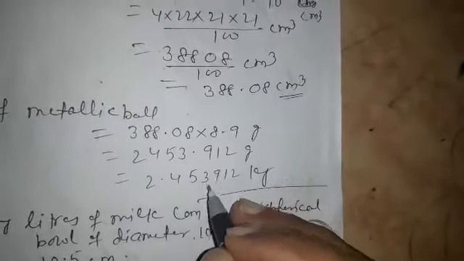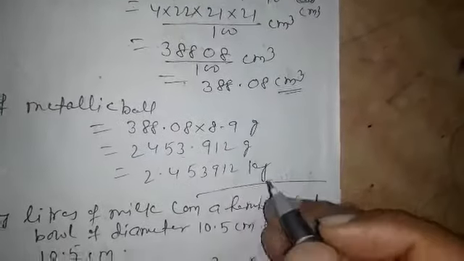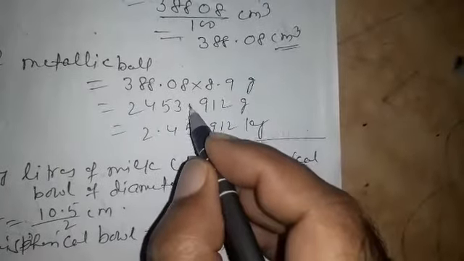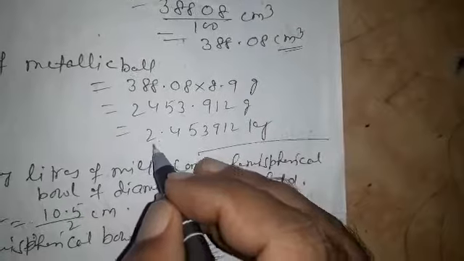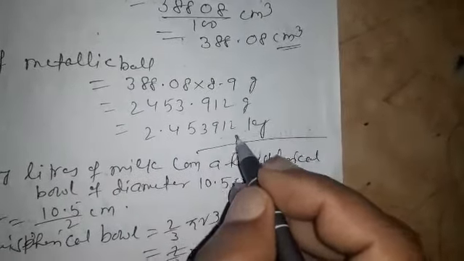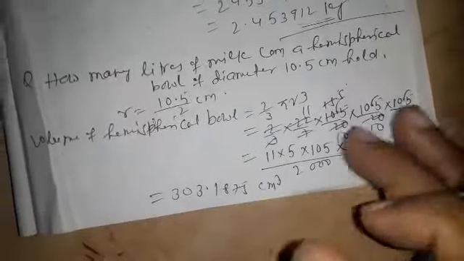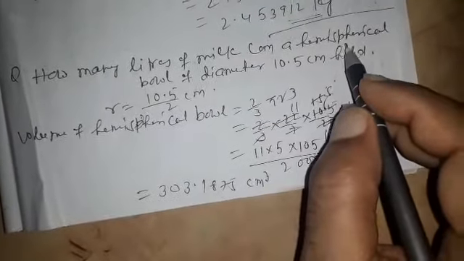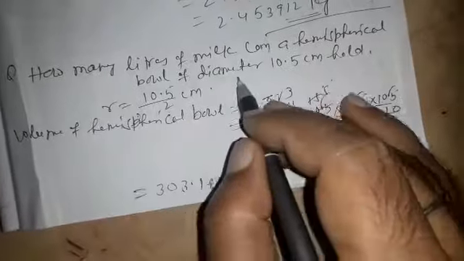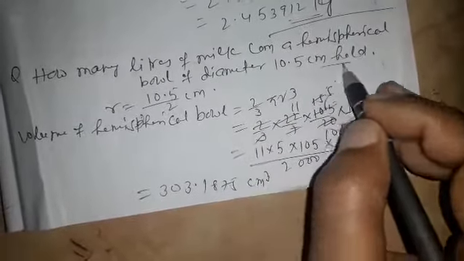After dividing it by 1000, converting it into kilogram, the decimal point shifts 3 places to the left, so this is 3.453912 kg. Now the next question is, how many liters of milk can a hemispherical bowl of diameter 10.5 centimeter hold?